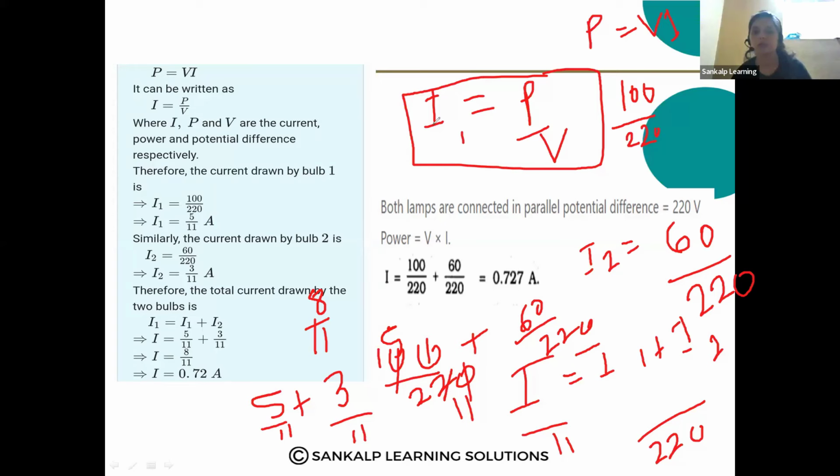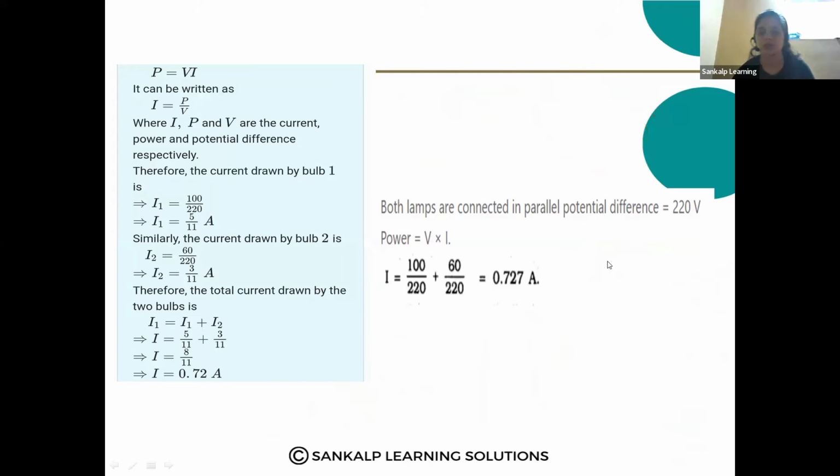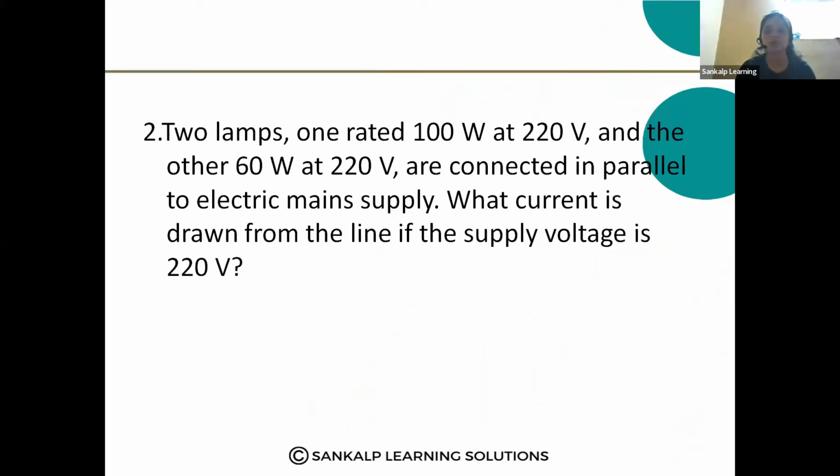Okay, so this is how to solve the question. If you want, read it carefully once again, then note down how to solve this question. See, what is the question given: 2 lamps, one rated 100 watt, sorry, if I use the volt, don't mind that, that is watt. Okay, W means watt, at 220 volt and 60 watt at 220 volt are connected in parallel.